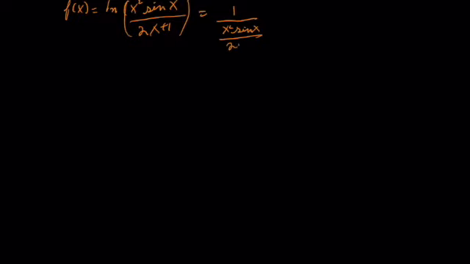So here I'm using the log rule: 1 over x squared sine x over 2x plus 1. Now I have to use my quotient rule and my product rule together. So I've got 2x sine of x plus x squared cosine of x. This is me using the product rule.